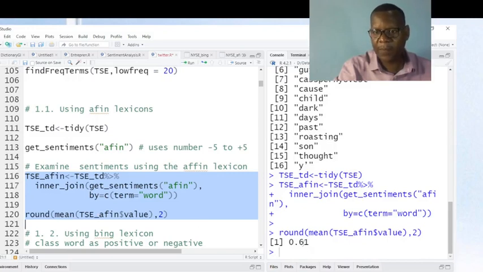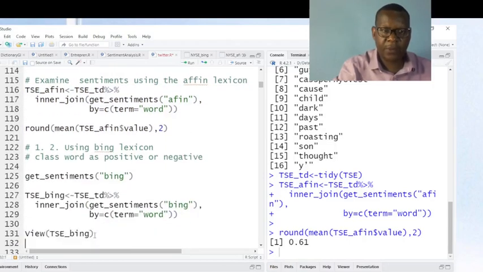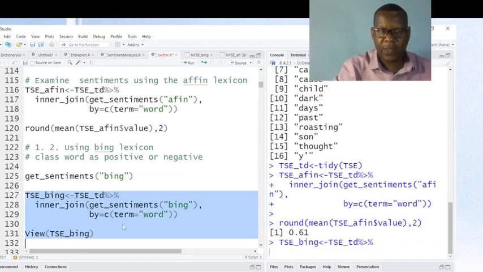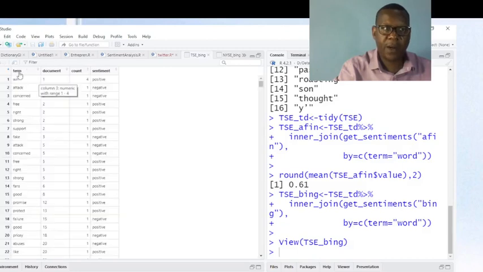As you can see, the mean sentiment here is positive, and I can use another one, Bing. Let's go on Bing and see what we have as a result. Let's run and view the result here. You see sentiment, term, document, you see positive and negative, positive, and so on.